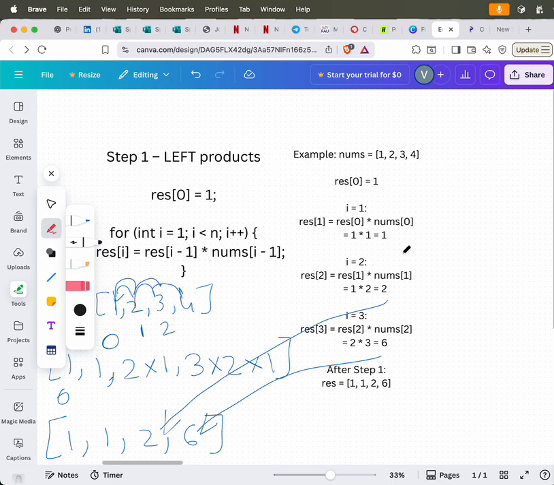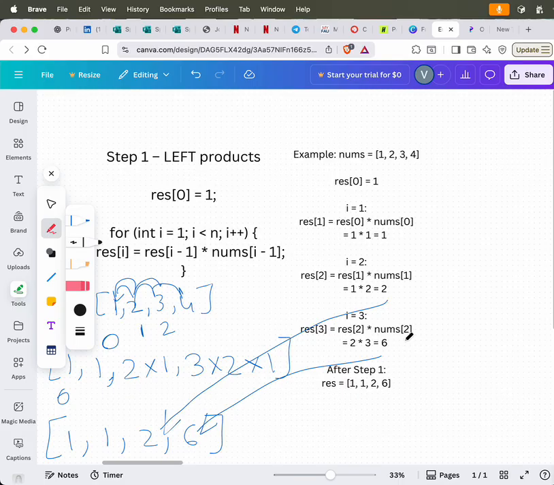For I equals 2, res of 2 equals res of 1 into nums of 1, which is 1 into 2 equals 2. For I equals 3, we have res of 3 equals res of 2 into nums of 2, which is 2 into 3 equals 6. So after this loop, res equals 1, 1, 2, 6.